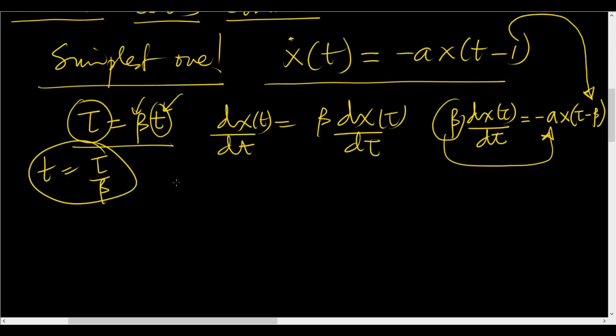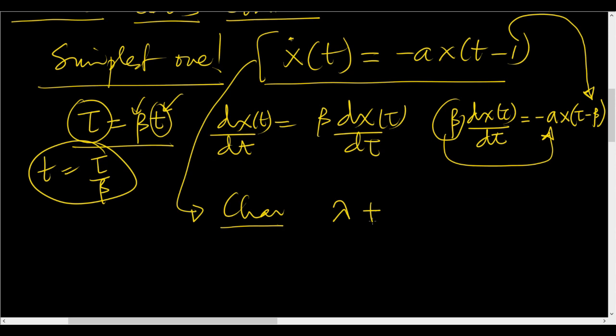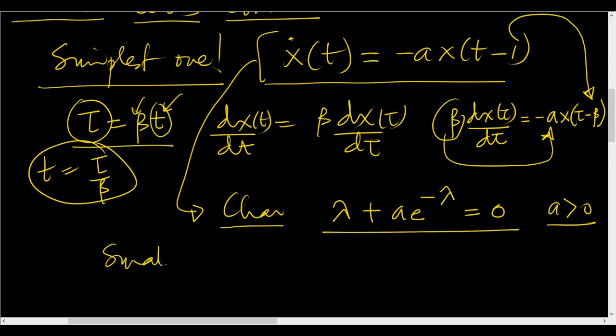Alright, so let us return to this equation here, and we have the characteristic equation, which is lambda plus a e to the minus lambda equals 0. I mentioned in the previous lecture that we will assume a is greater than 0. For small a, we have one lambda approximately minus a.